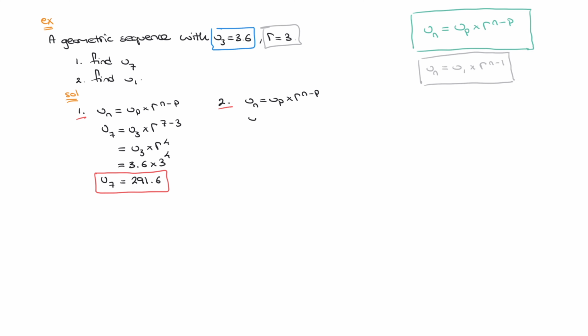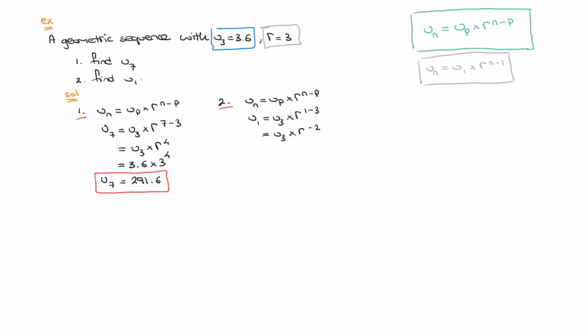So this becomes u sub 1, the first term, is equal to u sub 3, the third term, times r raised to the power of 1 minus 3. And since 1 minus 3 is equal to negative 2, this quickly becomes the first term is equal to the third term times r raised to the power of negative 2.